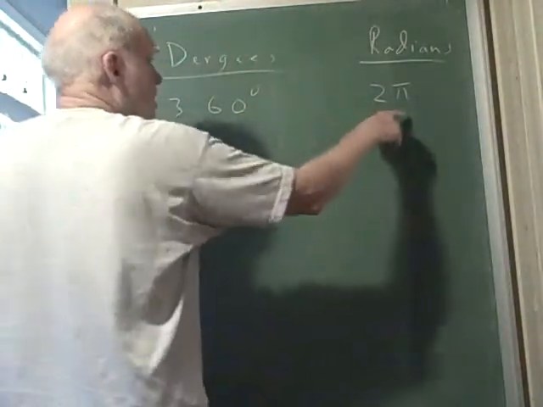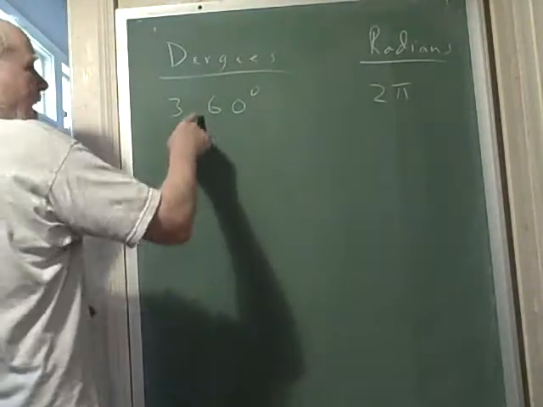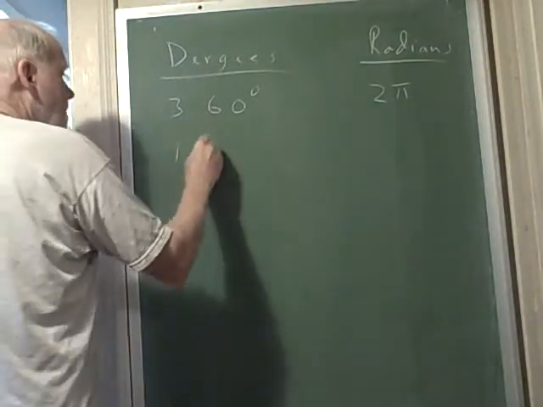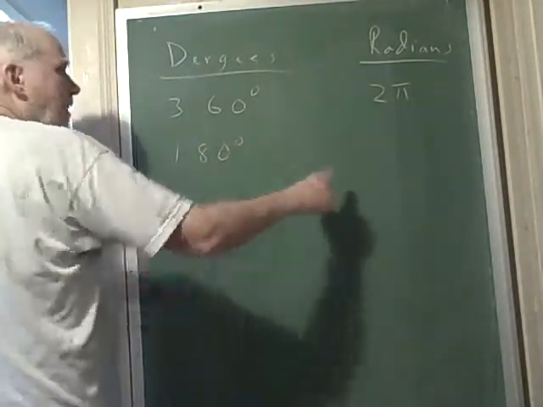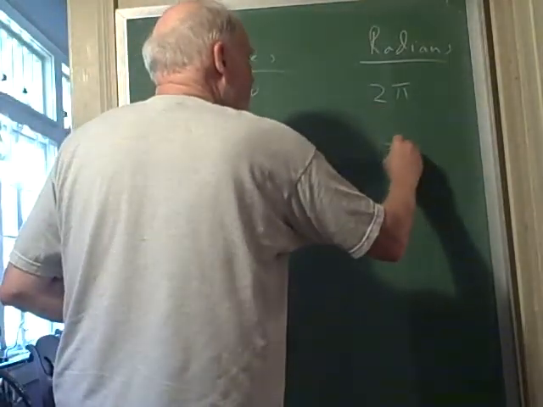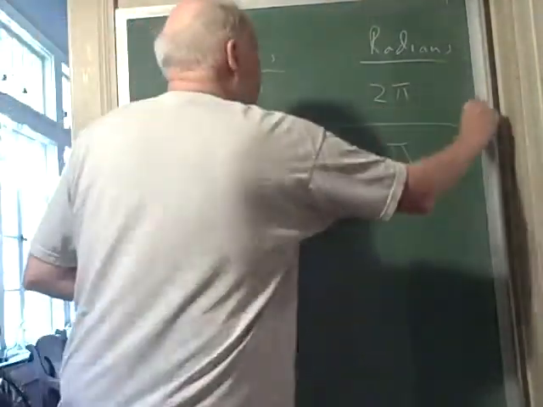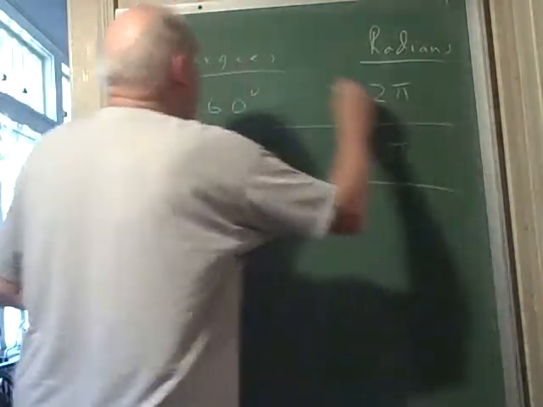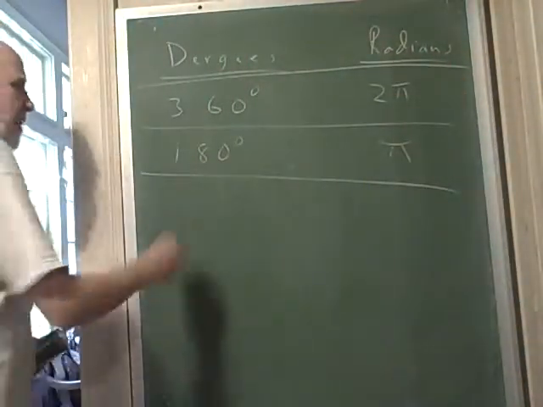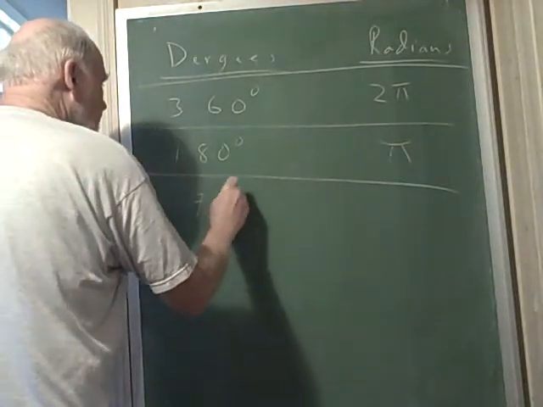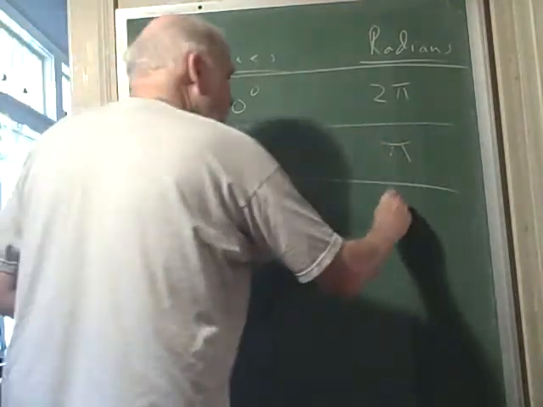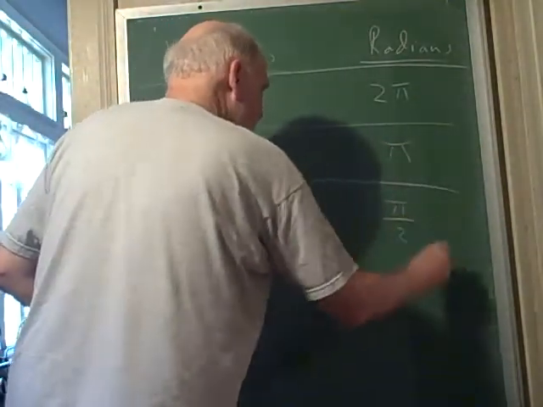This is degrees, this is radians, all right? So if I have half of this, 180 degrees, I'm going to have half of this, so it will be pi radians, won't it? And we can make a little chart here. And then if I take it in half again, I get 90 degrees and pi over 2 radians, right? I just cut it in half.